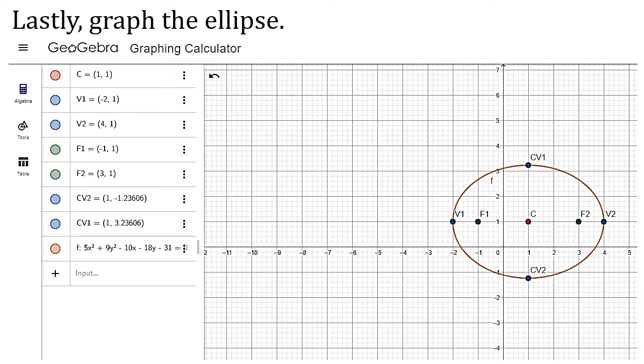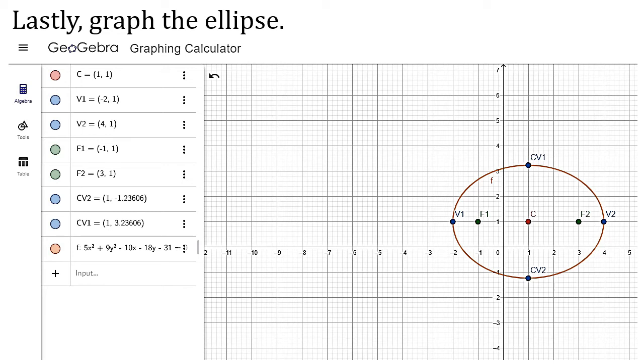Then lastly, graph the ellipse. I plotted the points, or the center, the two vertices, (-2, 1) and (4, 1), based from the given, and then the obtained coordinates of the foci. The first focus is (-1, 1). The second focus is (3, 1).